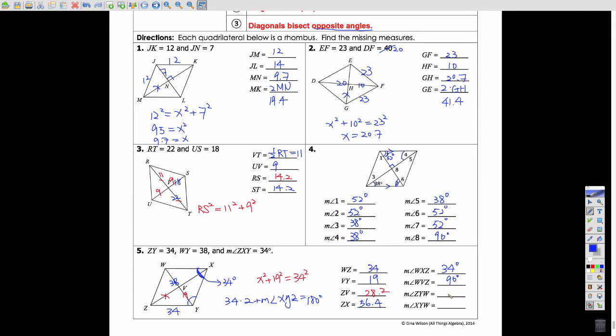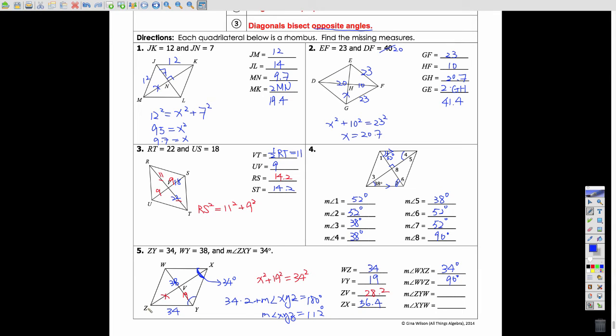And therefore the big angle, or XYZ in this case, it's 180 minus 68. So XYZ, 180 minus 68 is 112, right? 112 degrees.